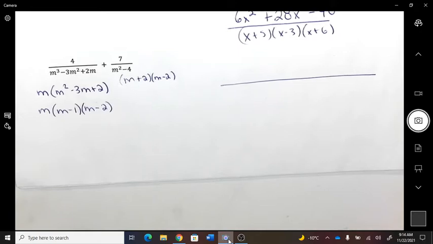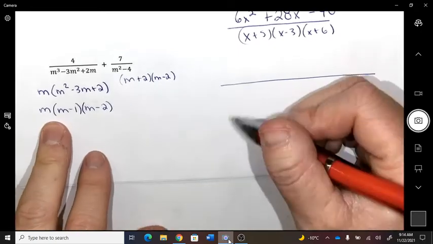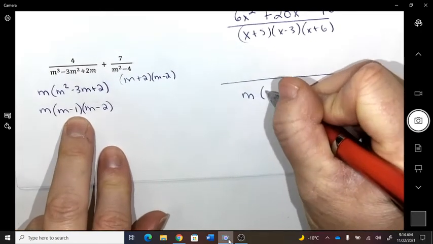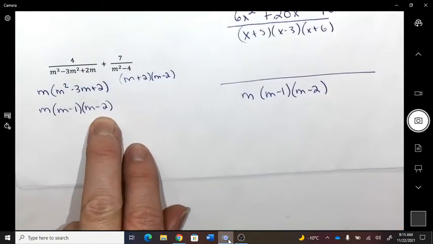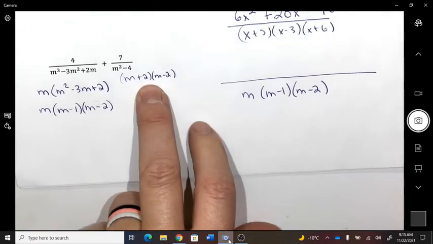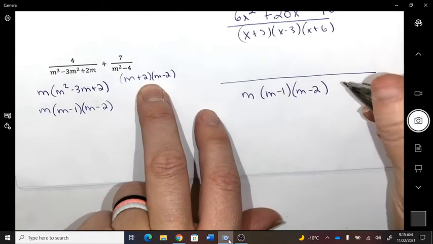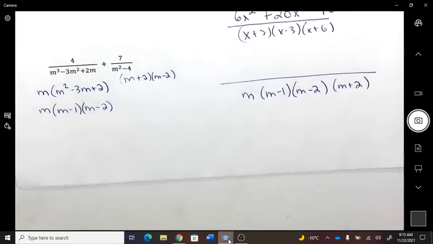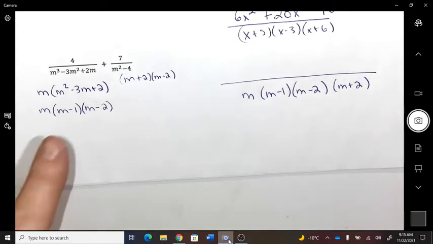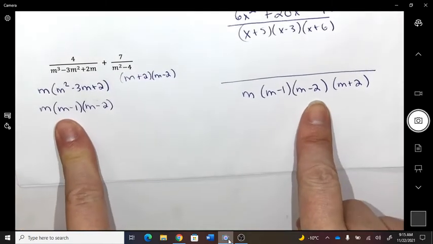Okay, let's talk about what we all need in here. So we need an M. We need an M minus 1. We need an M minus 2. Then I would also need an M plus 2. Okay, this fraction to this fraction.